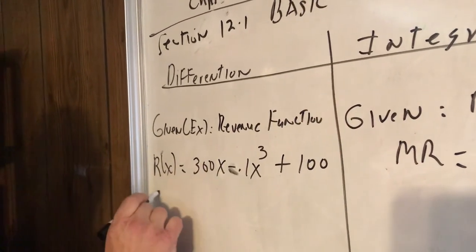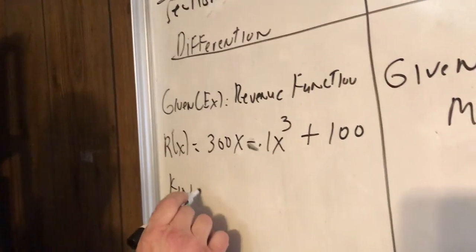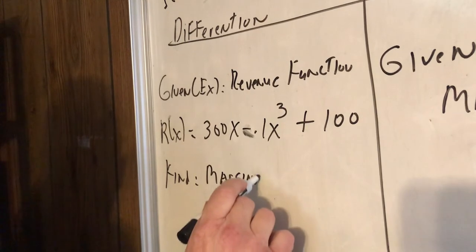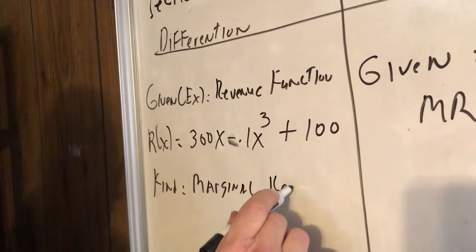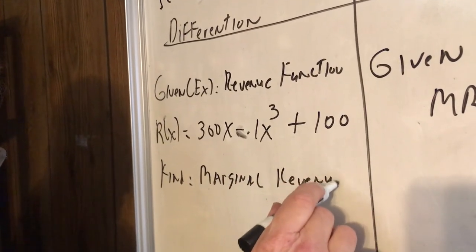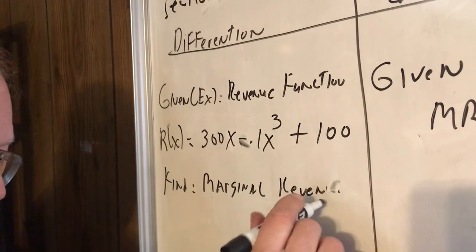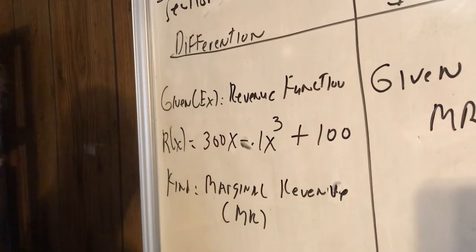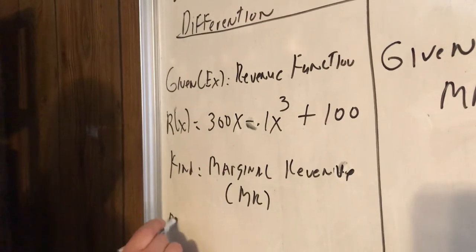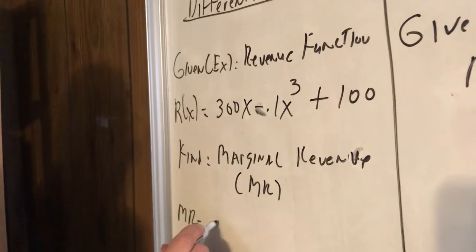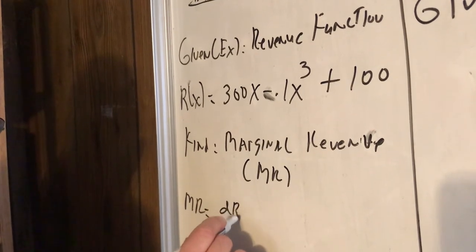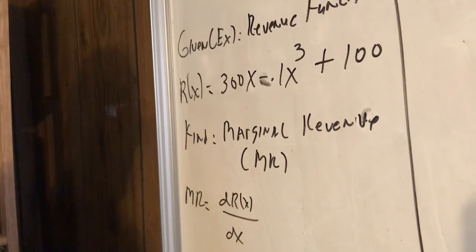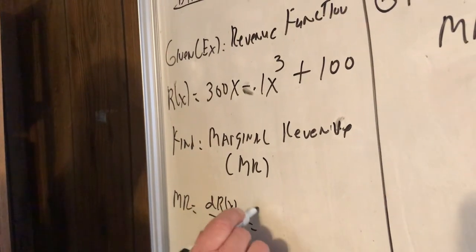And you might be asked to find the marginal revenue, which you will see written as MR. Now we know that the marginal revenue is the derivative of the revenue function with respect to the independent variable x.